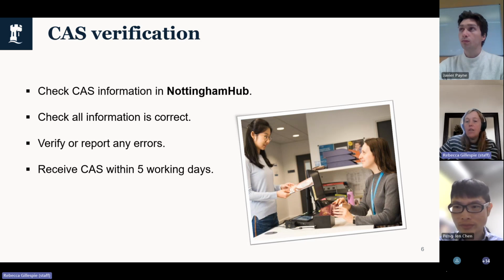You need to check all of the information included is correct. You will have the opportunity to either verify everything is correct or to report any errors. Once you have verified that your CAS details are correct, you should expect to receive your CAS within 5 working days.